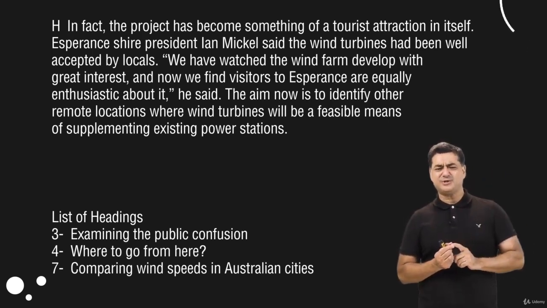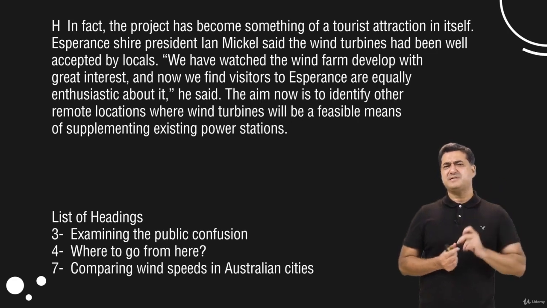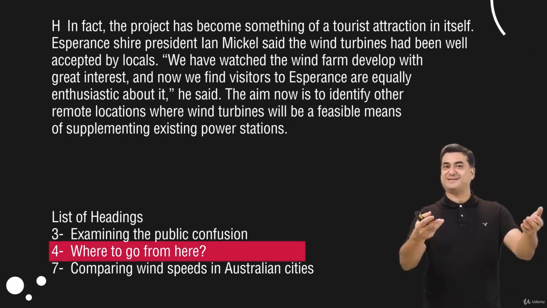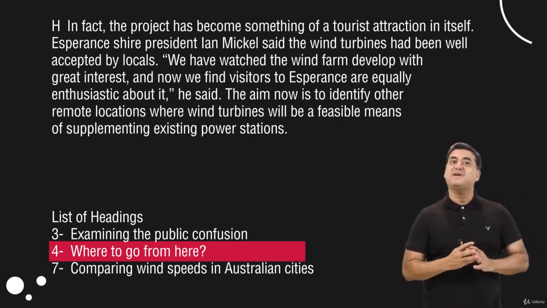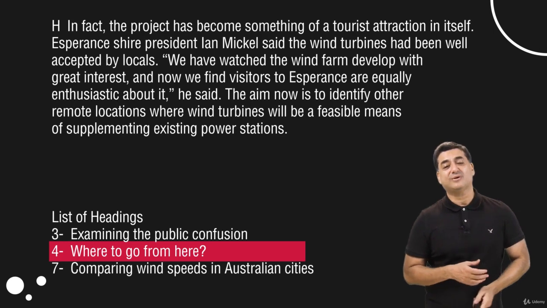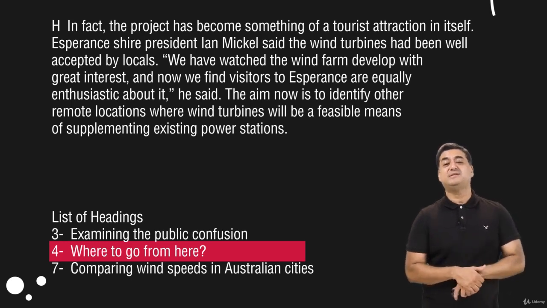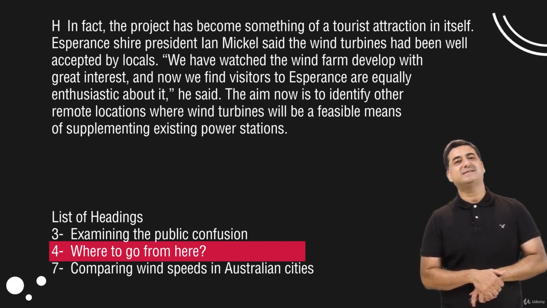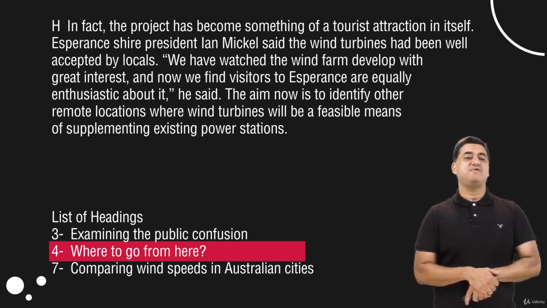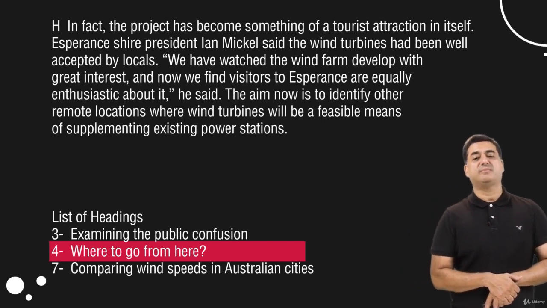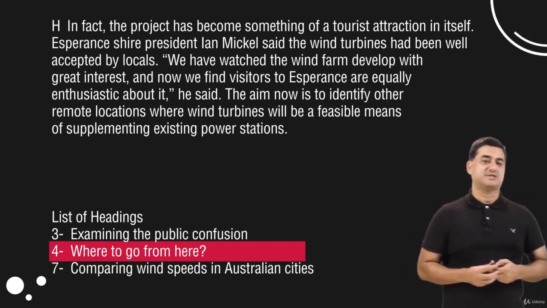Examining the public confusion, comparing wind speeds in Australian cities, or where to go from here. So where to go from here means now what to do, future implications. And here also we have the aim now is to identify other remote locations where wind turbines will be a feasible means of supplementing existing power stations.